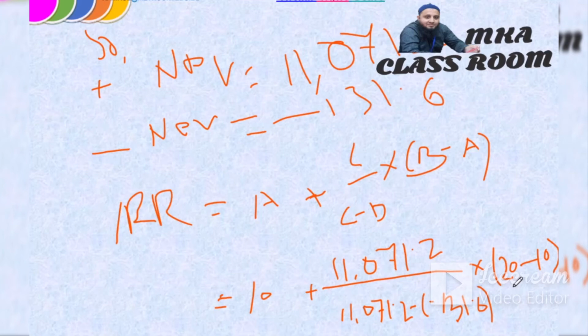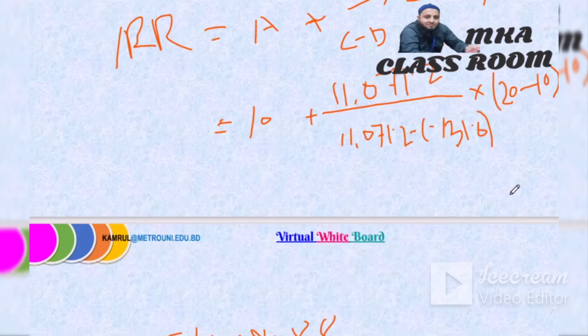If we calculate this value, we will find 10 plus 9.88. At first you calculate this portion, 0.988, after that you multiply with the 10, that shows 9.88, and finally add the 10.